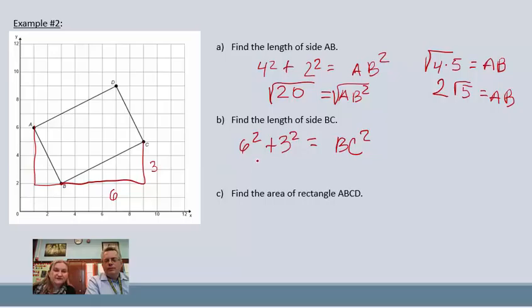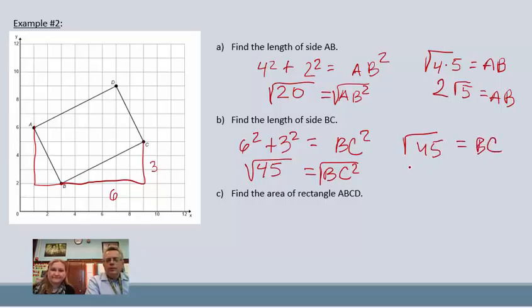So 36 plus 9, we got 45. And already I'm thinking 9 and 5. So 3 square root of 5.